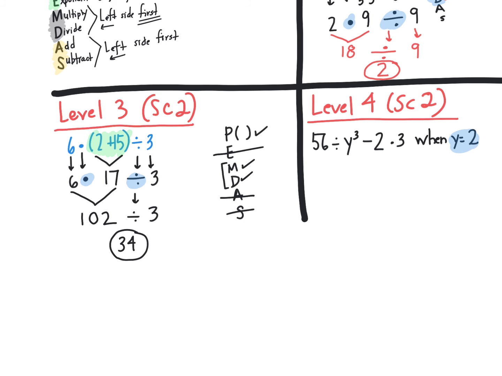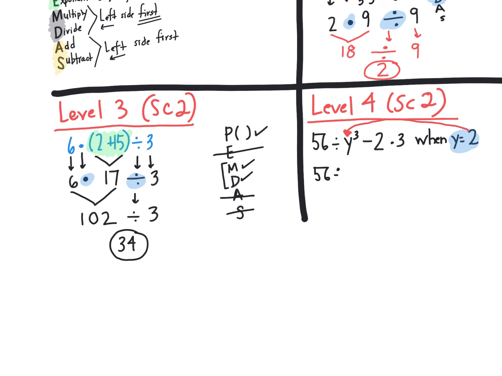All right, here we go. Let's get this party started. Okay, so the first thing I have to do is I'm going to put in that 2 for y. In fact, let me draw the arrow a little bit more over to the y. Okay, there we go. So let's do that first. So I have my 56.